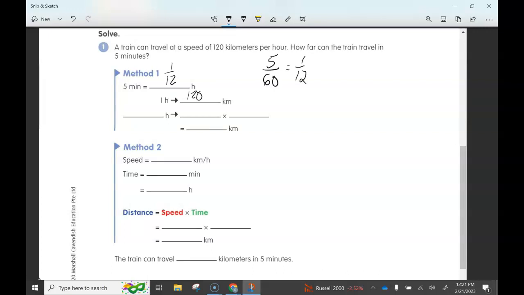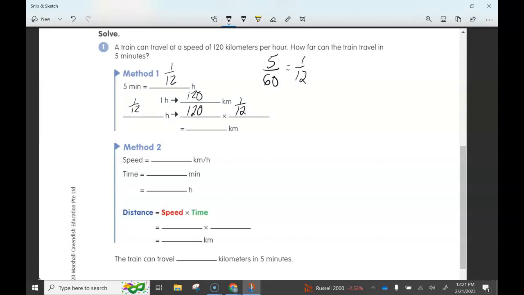Now what we need to do is we understand that the portion of an hour we're trying to figure out is 1/12. We're going to take that 120, and we're going to multiply it by the 1/12. That represents the 5 minutes.